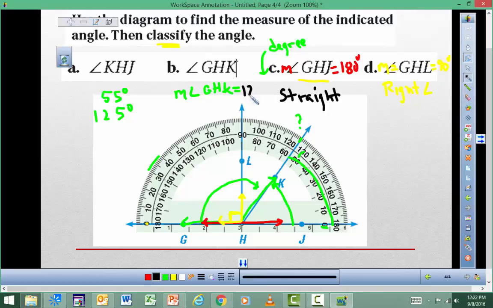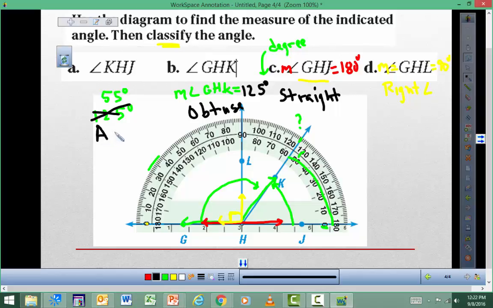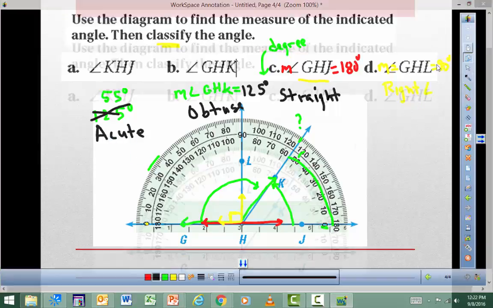Obtuse. Yeah, it's obtuse, right? And this one, it's not 125, it was 55, so that makes this one acute. Are we good? Okay, let's move on.